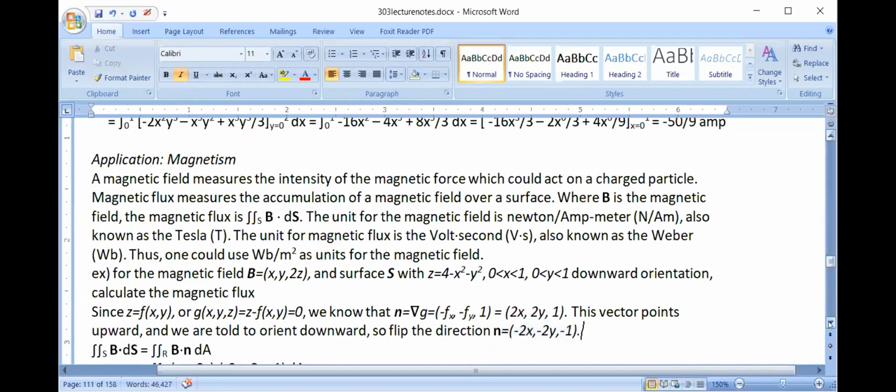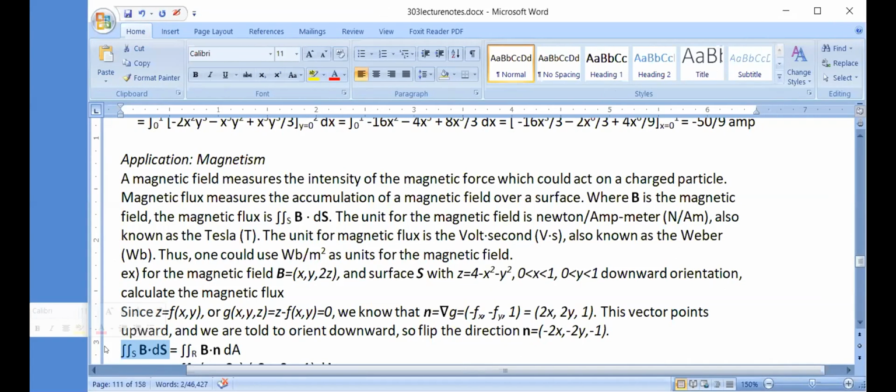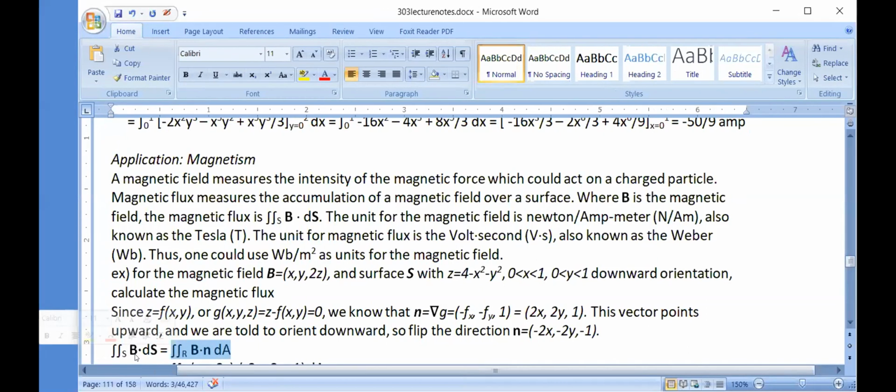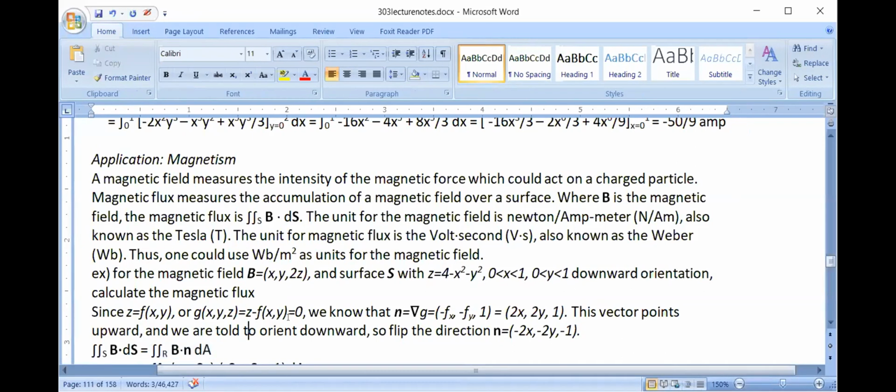Okay, so our flux integral to find the magnetic flux is the double integral over the surface of B dot dS. And we know to calculate this, we need the parameterization, which we can write as the double integral over the region, that's the region in our parameters, of vector field B dot normal little n dA.